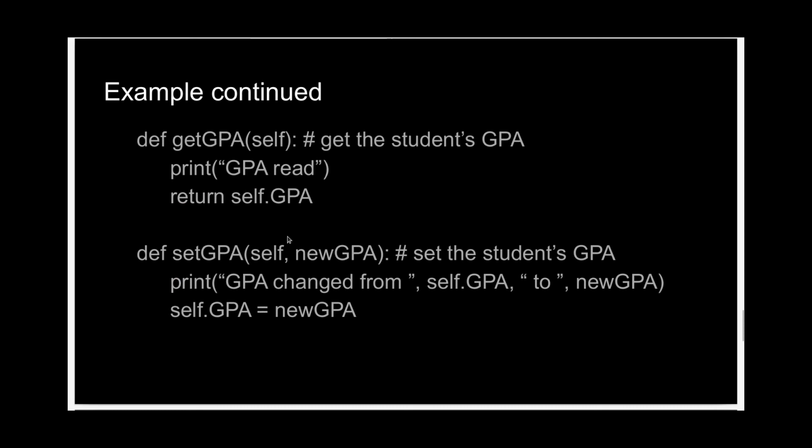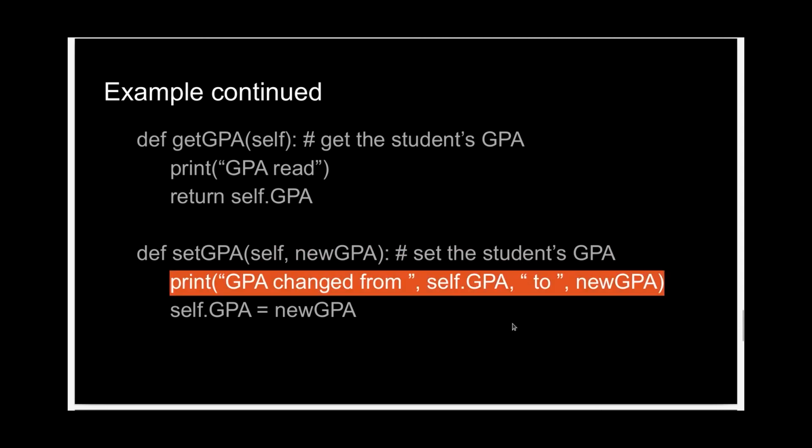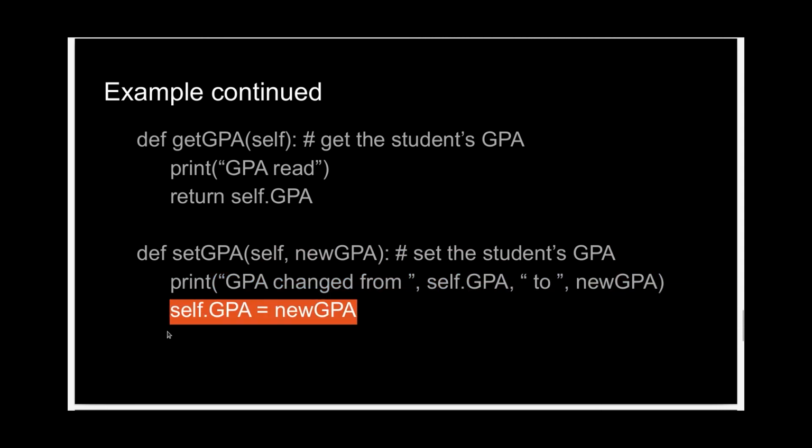Then I'm defining a getter called getGPA, which prints out GPA read and returns self.gpa, which means the GPA of the object. And I'm defining another method called setGPA, which takes in as an argument a new GPA. This will print out GPA change from the old GPA to new GPA, and then finally it will set self.gpa equal to new GPA.